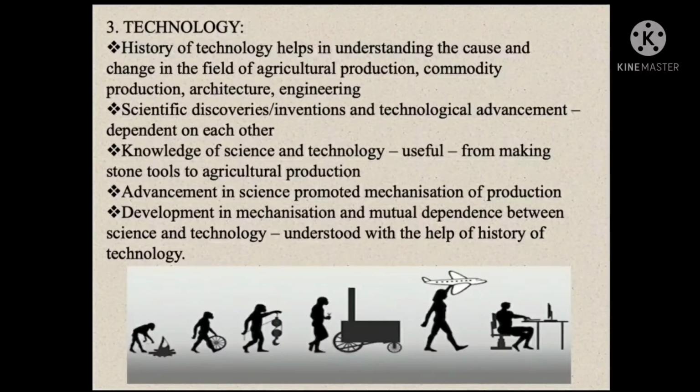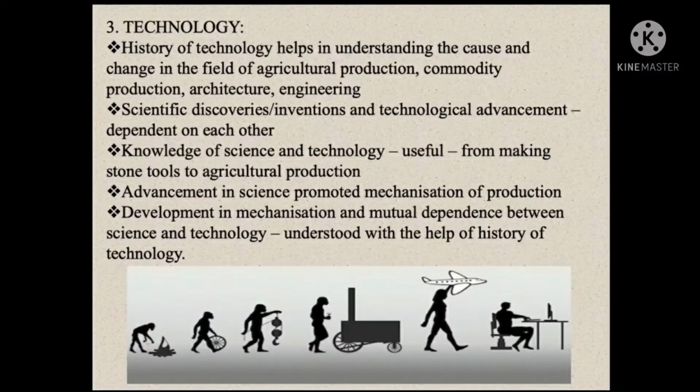The same thing applies with architecture and engineering. Now children, we all know that knowledge of science and technology was very important at every step, from making of stone tools, that is a primitive method that was used, from making of stone tools and wooden tools that they use for farming, in the evolution of mankind.